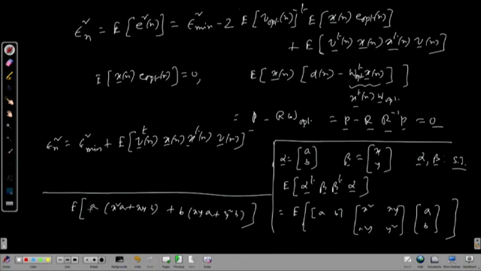Another E will work on A into A, B into A and all that.